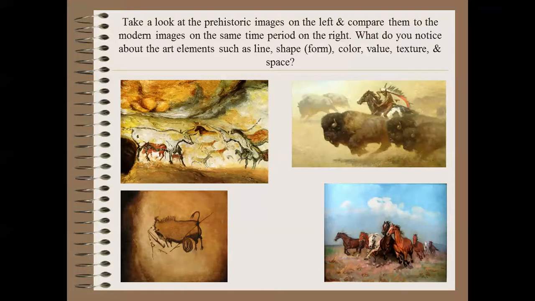They were mostly icons, meaning just a symbol to represent something. They didn't have a lot of value or texture. You couldn't tell exactly what was going on with the space. They were a lot more flat. So think about how your drawing, representing your own environment or culture, would differ from those.